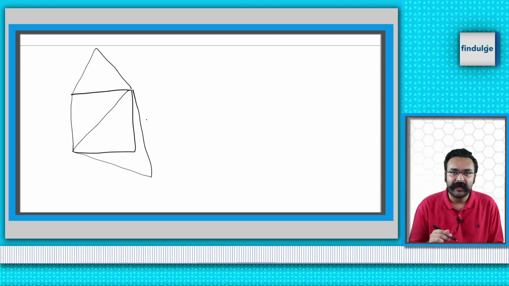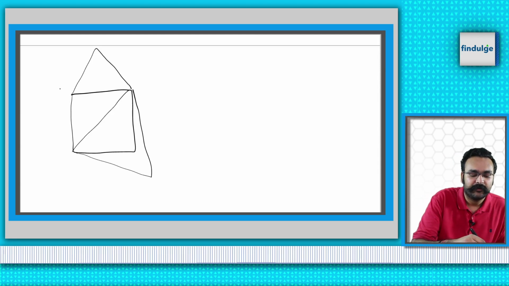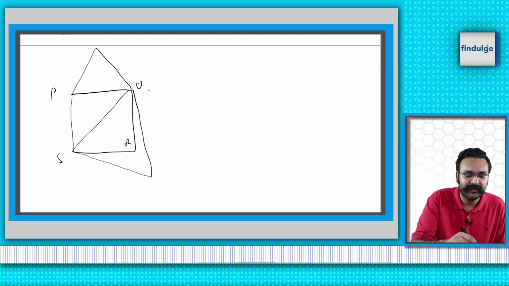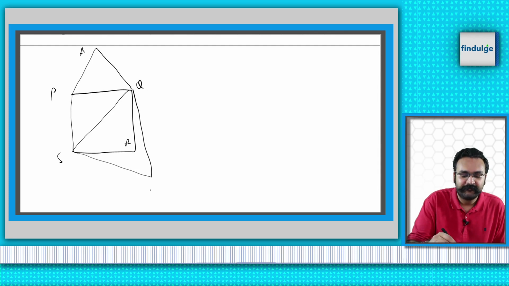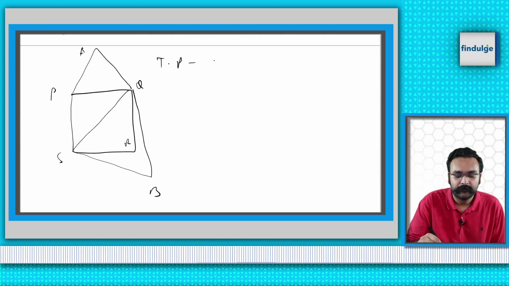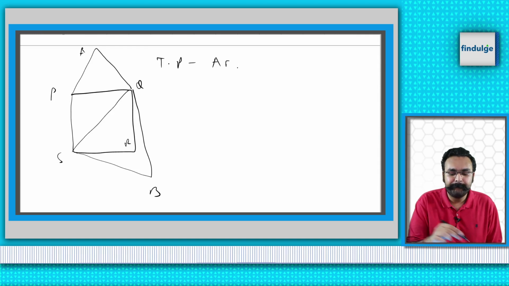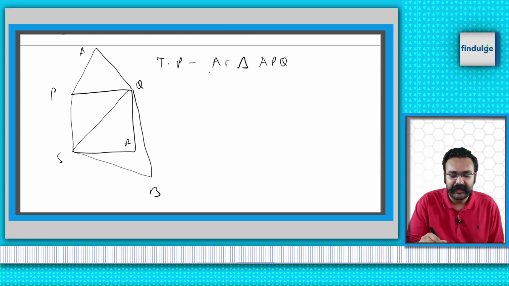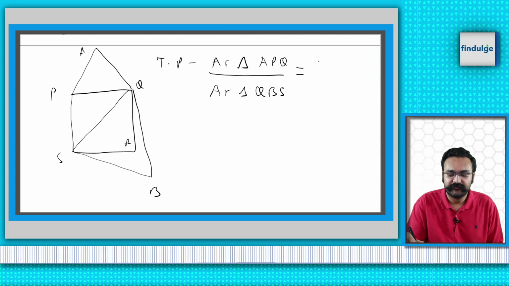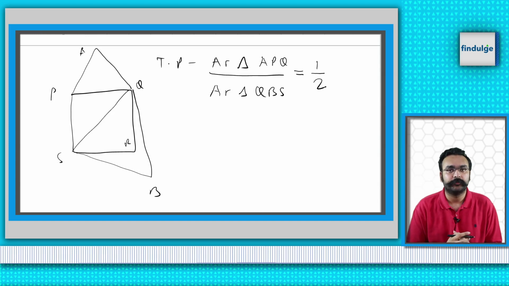So in other words, what they've simply asked us to prove is that if, let's say, this is a square PQRS and let these be 2 points A and B, we have to prove that area of triangle APQ upon area of triangle QBS is equal to half. This is what we have to prove.